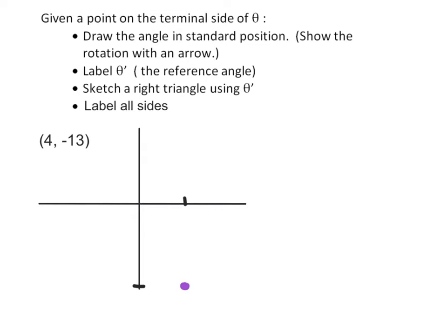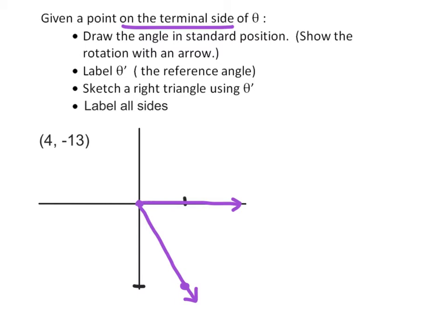Now that point, as it says right here, is on the terminal side of theta. So we are going to draw our original angle theta in standard position. Here is our original ray, our initial ray, and then here is our terminal side going through that point for -13.